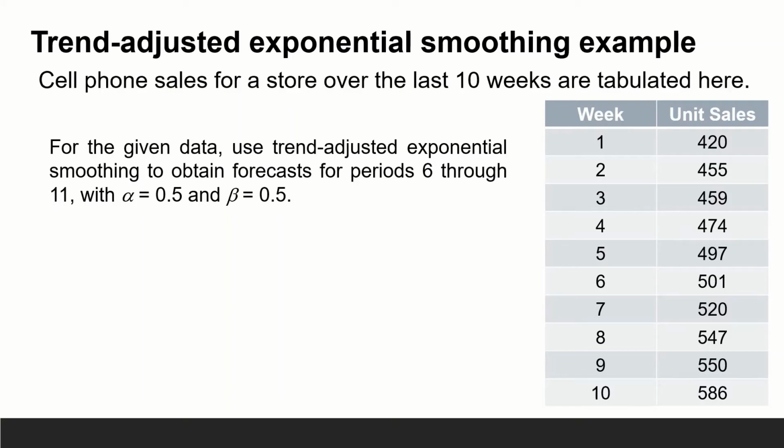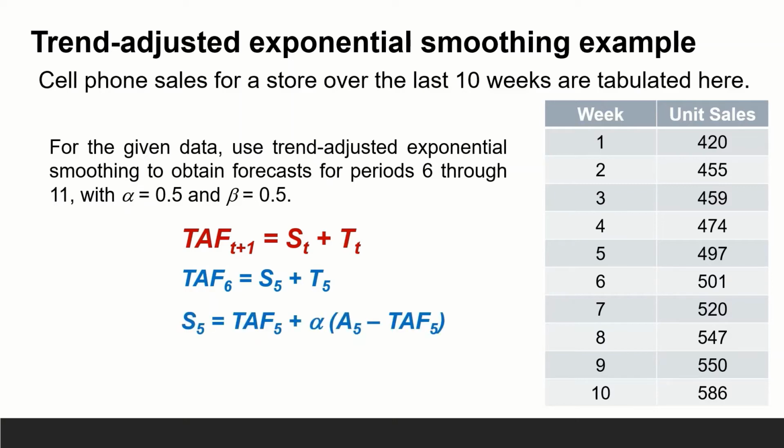So, t plus 1 equals 6. Applying the trend-adjusted exponential smoothing equation, TAF6 equals S5 plus T5. And S5 equals TAF5 plus alpha multiplied by (A5 minus TAF5). Then it is required to estimate the trend at period t equals 5 and TAF5 as well.